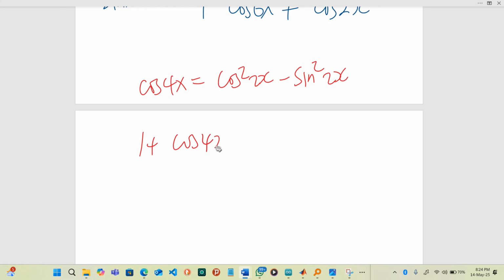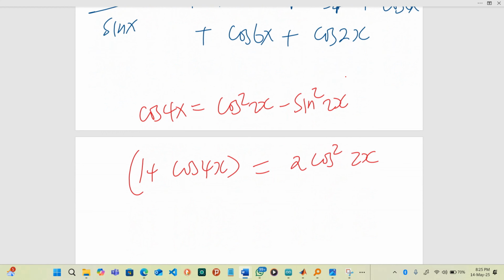Because we said if you have cos 4x, it is the same as having cos squared 2x minus sine squared 2x. So expressing this, getting the value of this from the first identity of trigonometry, you'll obviously find that cos 4x plus 1 will equal 2 cos squared 2x. So that's where we are having this.